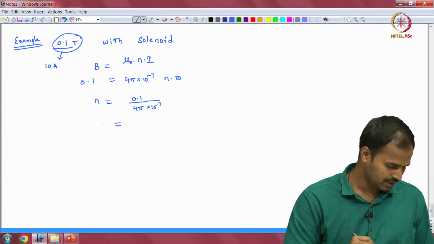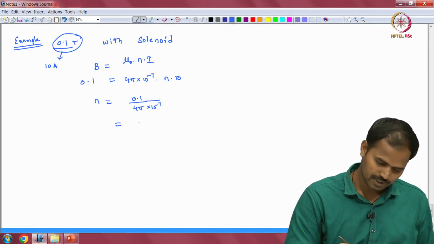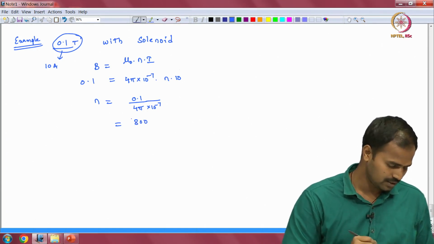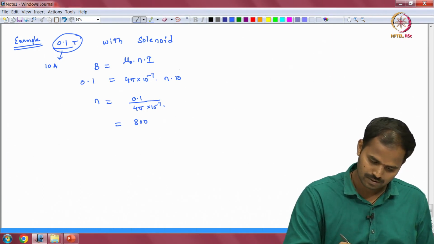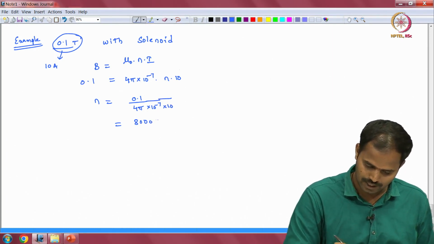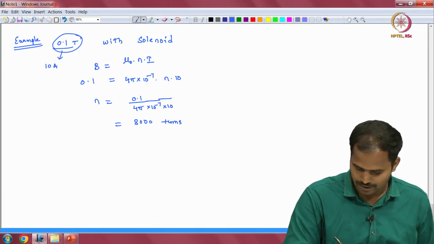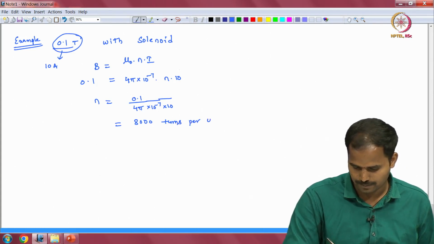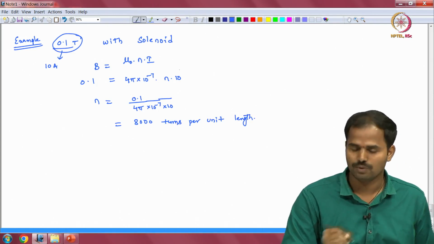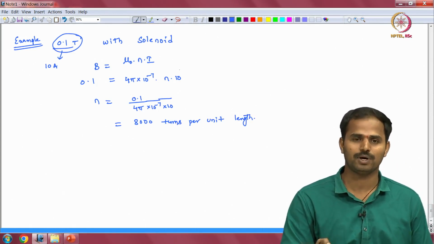This is almost 8000 turns required per unit length, which is practically impossible.